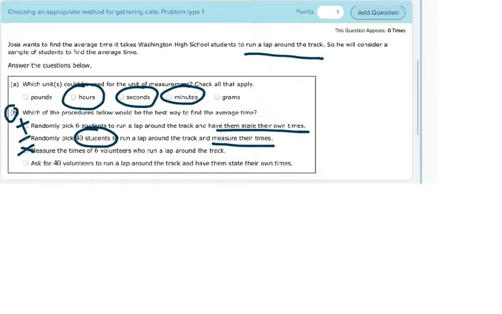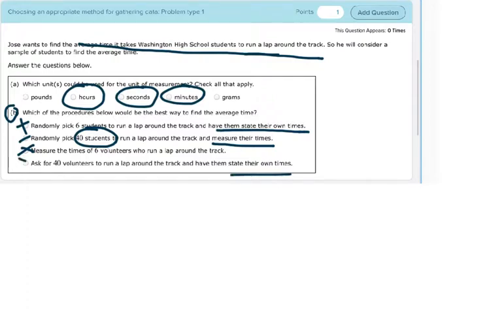Ask for 40 volunteers. Again, if you're asking for volunteers, you might get people that like running to do it. If you want to find the average time it takes Washington High School students to run a lap, you want to randomly pick them. You don't want volunteers because they might have an affinity for running, or they might like it more. And then have them state their own times.